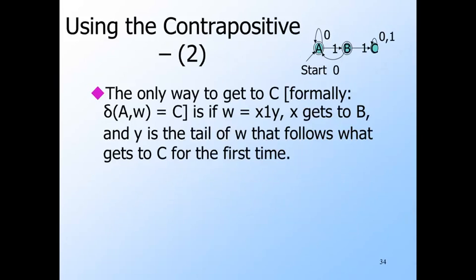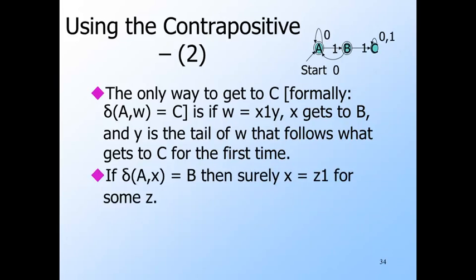Notice that the only way to get the automaton to C is for some string x to get it to B, and then for an input 1 to follow. Once in C, you stay in C, so anything can follow the x and 1. We'll call that y. That is, any string w that gets the automaton to state C must be of the form x1y, where x gets to B. We already observed that the only way to get to B is by a string that ends in 1, since the only transition into B is on 1.